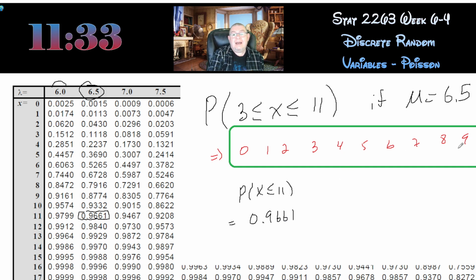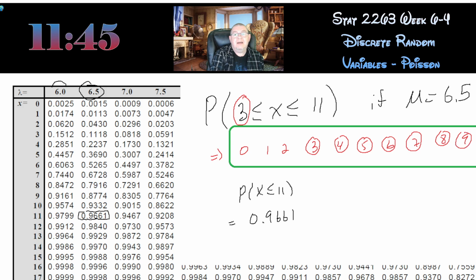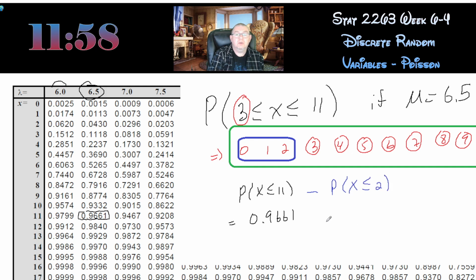Now, that is not what I want, though, because look at that. I want to stop at 3. So I'm actually looking for 3, 4, 5, 6, 7, 8, 9, 10, and 11. But my box includes 0, 1, 2. So I need to get rid of 0, 1, 2, which means I have to subtract the probability x is less than or equal to 2, which in this case would be 0.0430.